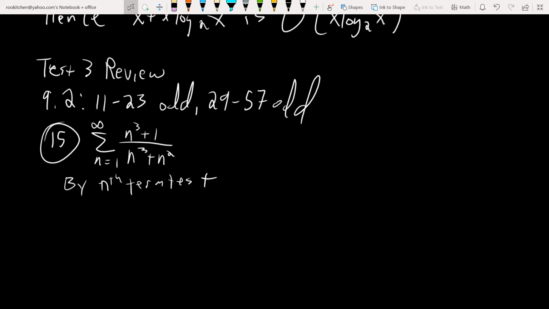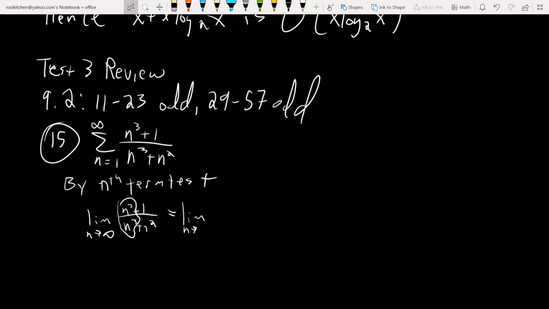Okay, so by the nth term test, we have the limit of n cubed plus 1 all over n cubed plus n squared as n goes to infinity, which is just equal to the ratio of the high degree terms.